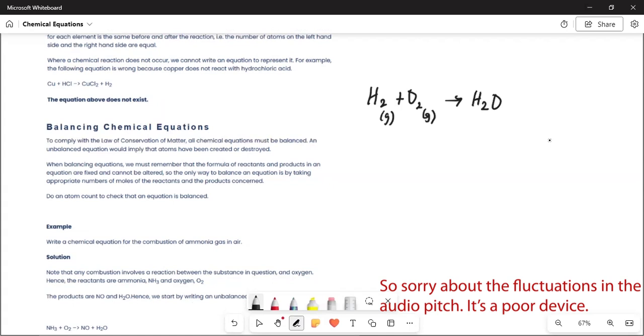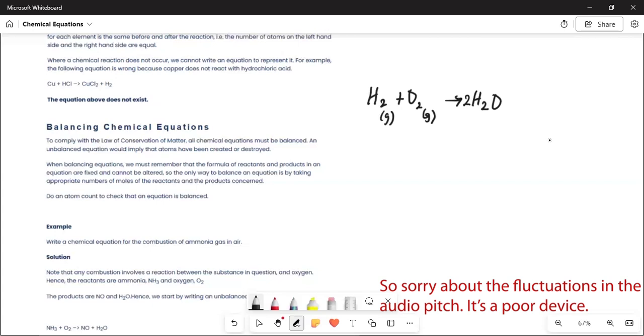My approach is to start from where I have an odd number of atoms, then convert that odd number of atoms by placing a 2. Of course, you can't place a 2 as a subscript here, it's wrong. You can't change the number of atoms within a formula. You can only change the number of moles. So we place a 2 here in front of H2O to make it 2 moles of water.